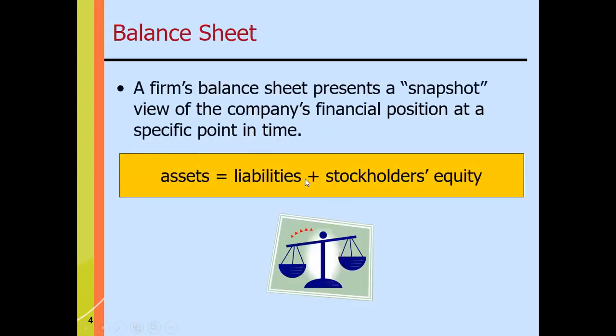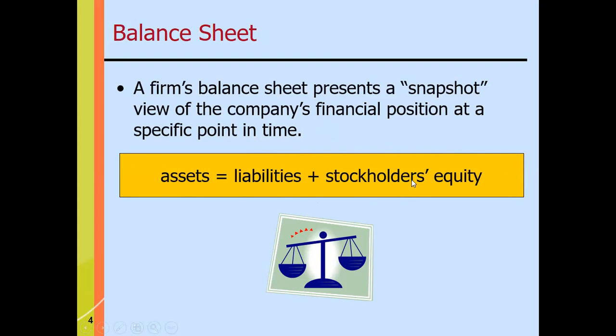For the balance sheet, this would show again the financial position of the company as of a specific point in time. So it's like a snapshot, as being said here. We can see the balancing of our accounting equation: assets equal liabilities plus stockholders' equity.